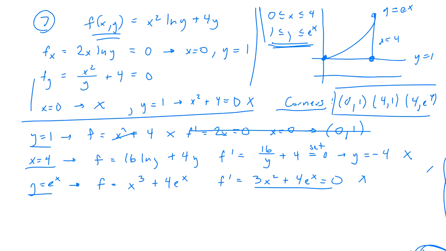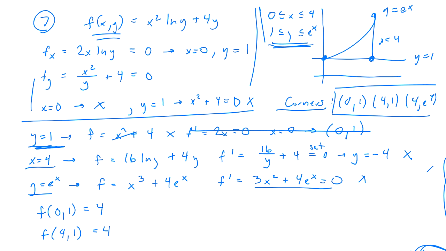And so now, as with the other one, we plug those in. If I put in f of 0, 1, I get 0 plus 4. If I put in 4, 1, I get 4. In some ways, as I knew it would, because we showed that when y was 1, f is just the constant 4.